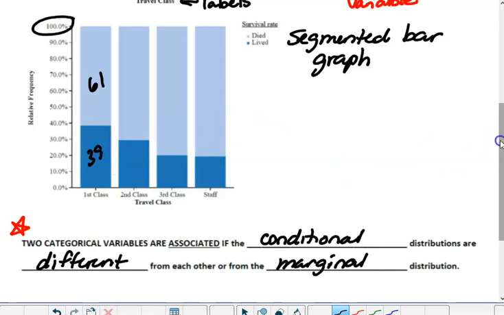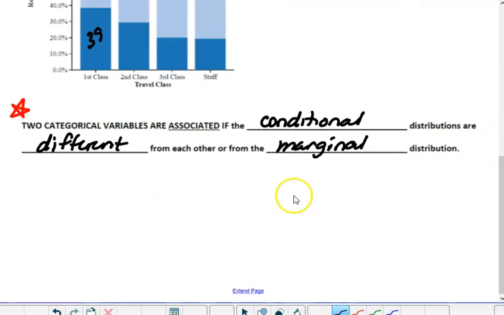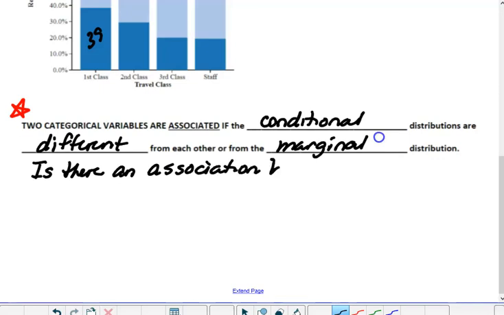So if we were to ask the question, is there an association between travel class and survival status on the Titanic, which was our research question? Okay, that's our research question. Our answer would be, well, I better write the question first. So, is there an association between travel class and survival status?